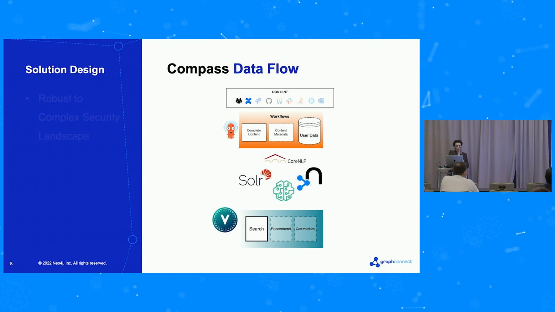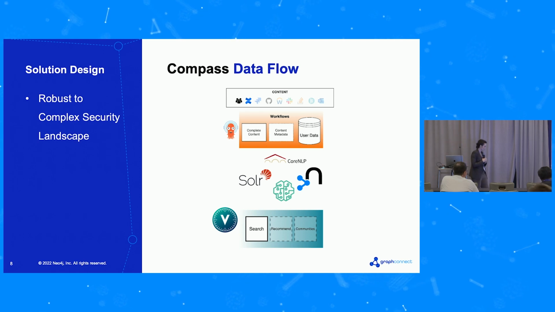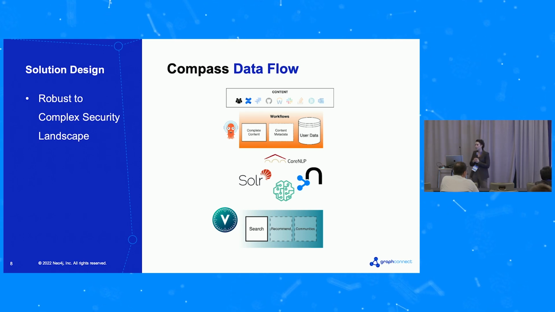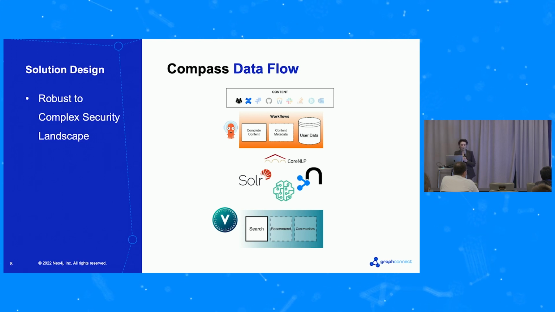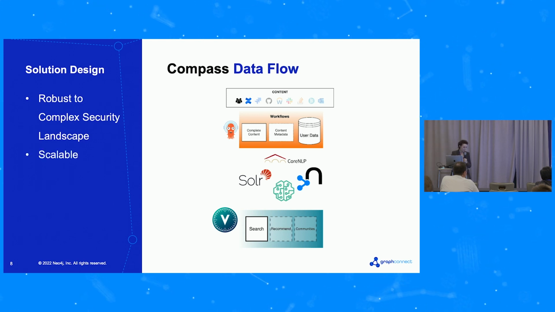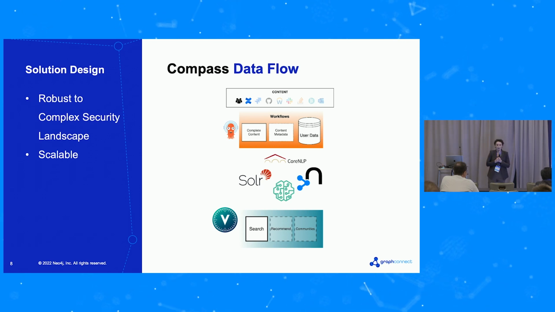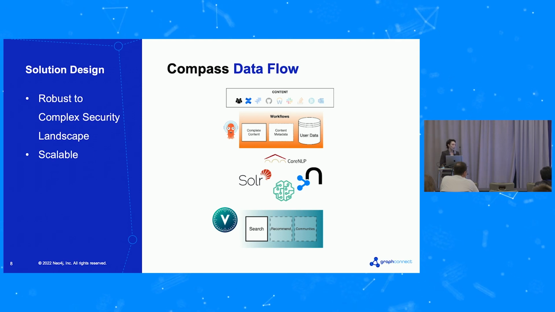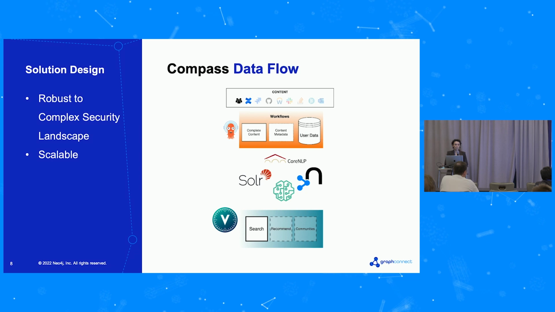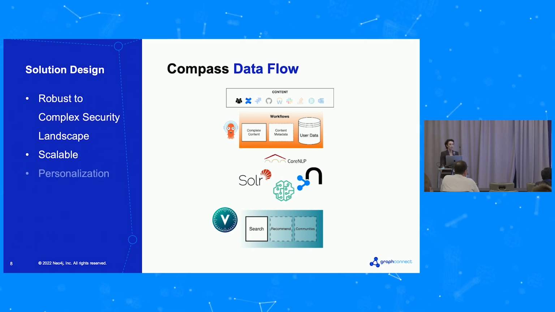And so, as I mentioned, something about Viasat that makes it difficult to purchase something like this is the complexity of our security landscape. It's very complex. And we needed to scale. We are a global company. We needed to meet GDPR regulations and standards, and we needed the system to be performant, so we want to be able to scale this to any sort of environment or locality.